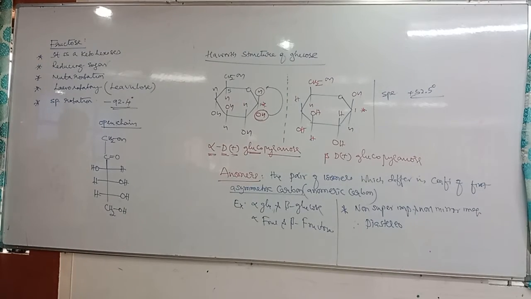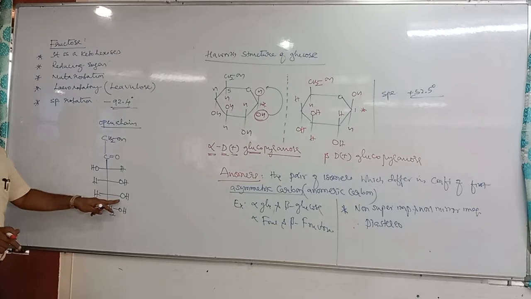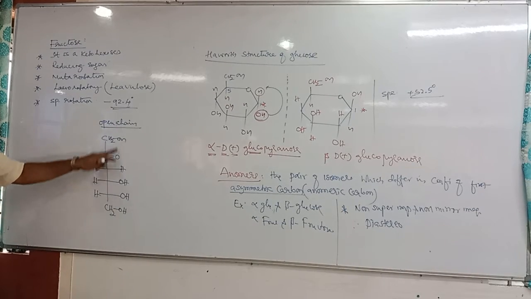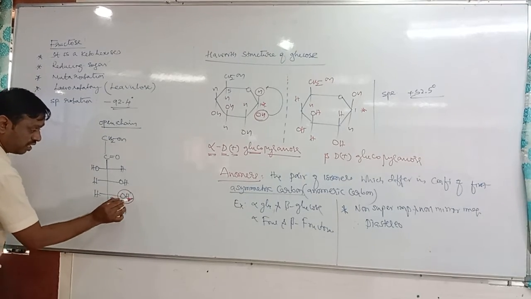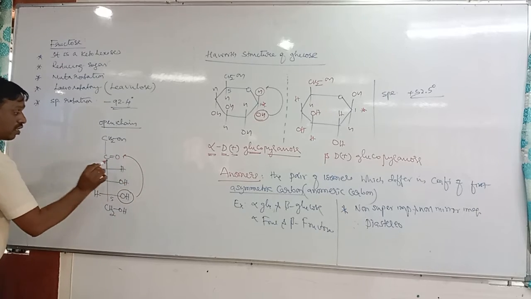Okay, it is the open chain structure of fructose. But do you remember, in the formation of the cyclic ring in glucose, the fifth carbon OH interacts with the first carbon aldehyde group. But in the case of fructose, the fifth carbon OH interacts with the second carbon keto group.